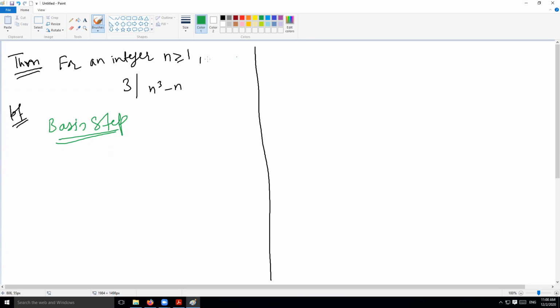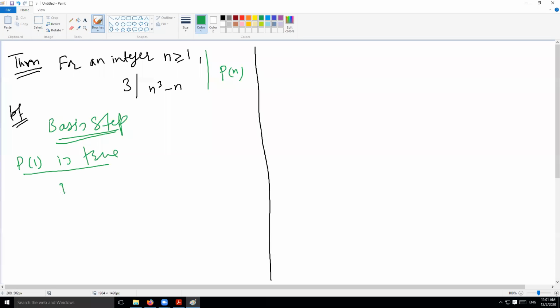By the way, we can give this statement a name: this statement is P of n, and I want to prove that P of 1 is true. What do you mean by P of 1 is true? Take this expression n cube minus n, substitute 1 into it, and see whether 3 divides this expression or not.